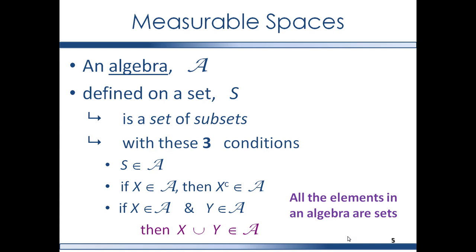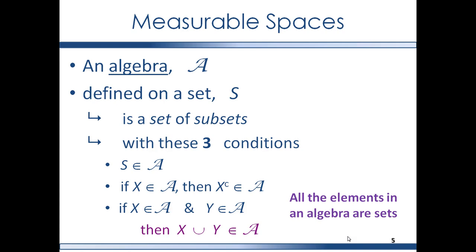Because every set in the algebra must also have its complement, and every pair of sets must have their union in the algebra. And you just keep doing that until you're sure that you're done. Every element in the set A has its complement and its union with another set in the algebra A along with it.